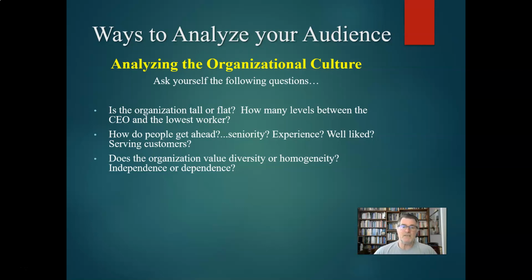So if it's diverse and independent, people tend to think on their own and make business decisions on their own. So you may not have to write an email to 5 different people. You might just need to contact the one person and they can make it happen from their end. But if it's homogenous and dependent, where every business decision has to move across the same person's desk, might be the vice president, could even be the CEO, right?